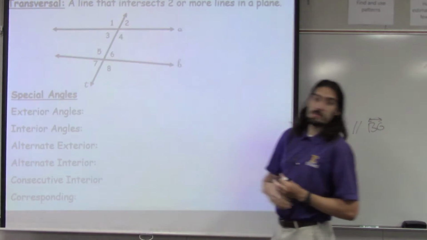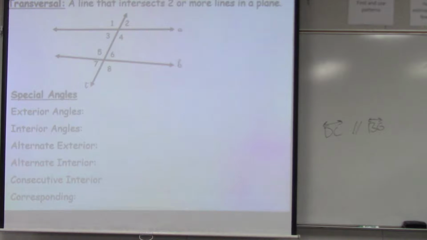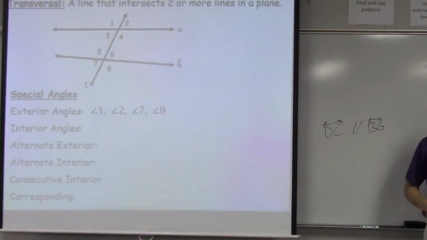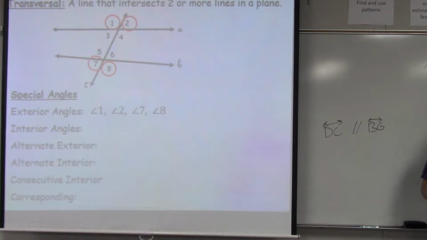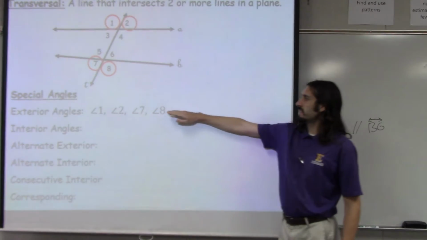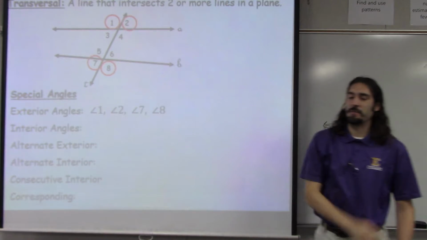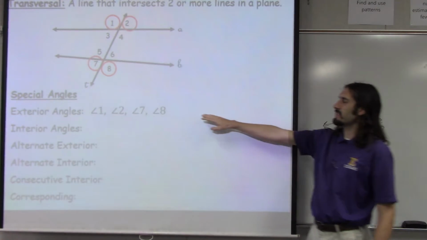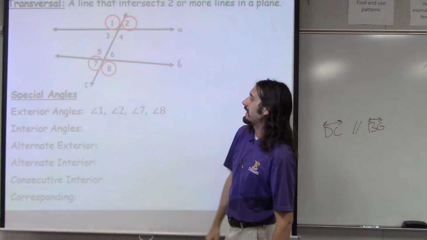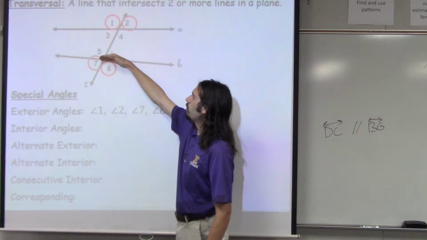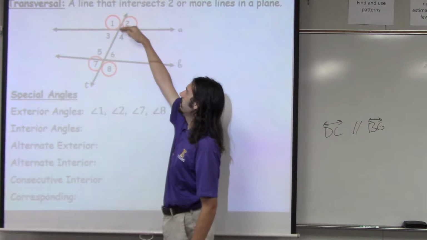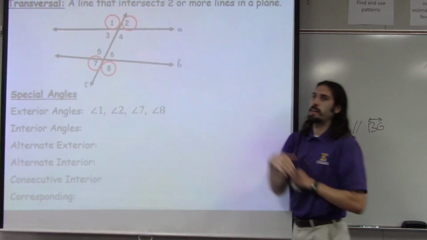Exterior angles. Those angles are going to be 1, 2, 7, and 8. My recommendation, write down this list. Don't try drawing the circles up there because we're going to get a ton of them. So just write down in this list. We've got 1, 2, 7, and 8. The idea behind exterior is you are outside your pair of lines.